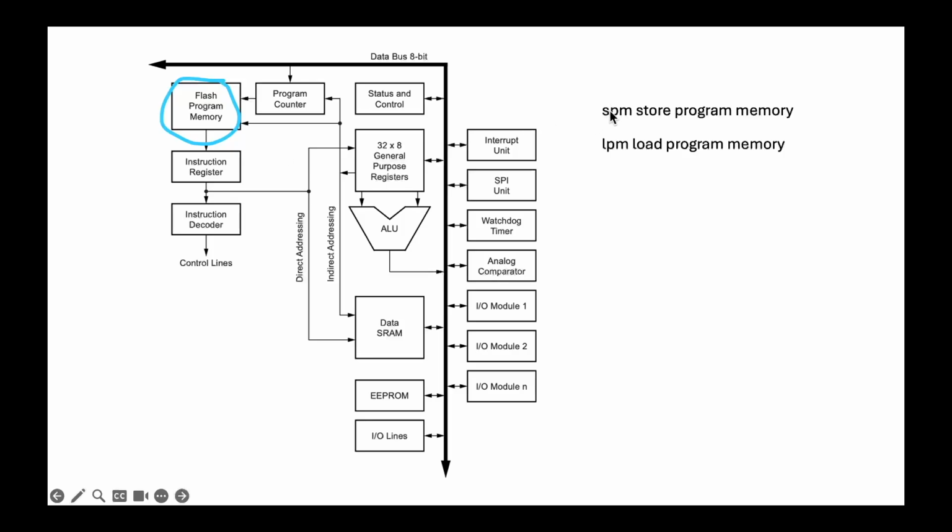And again, using the store program memory instruction, we're going to store the contents of that hidden memory inside the permanent flash program memory. And when load program memory executes, we're going to load some value from that hidden page of flash program memory.